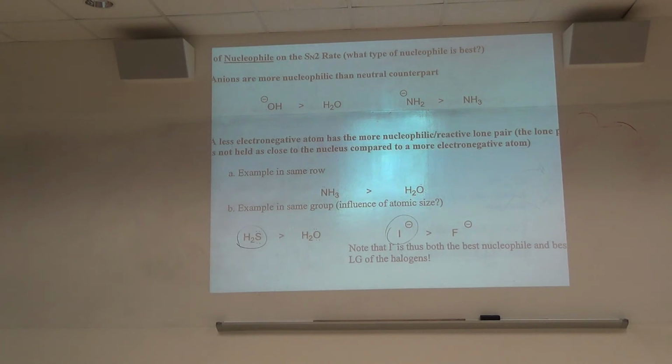Which is more stable, I minus or F minus? I minus is more stable also. It's kind of conflicting. The more stable minus is a better attacker? That sounds a little bit like a conflict. Yeah, very often you have conflicts.